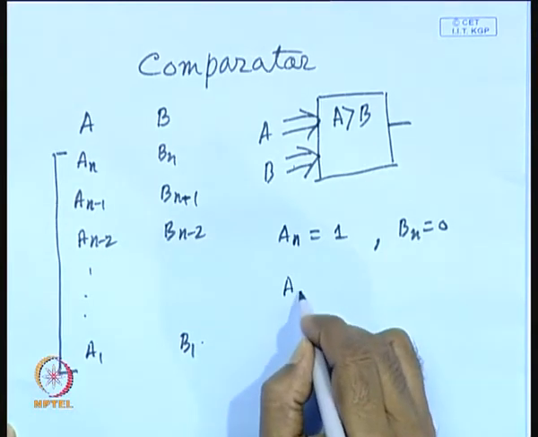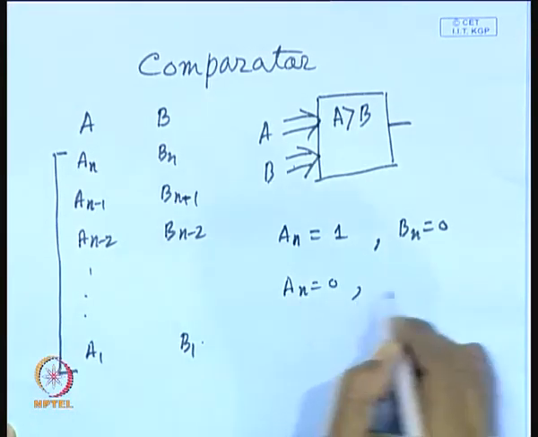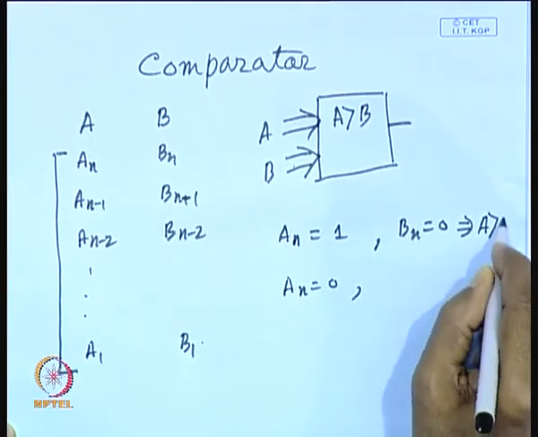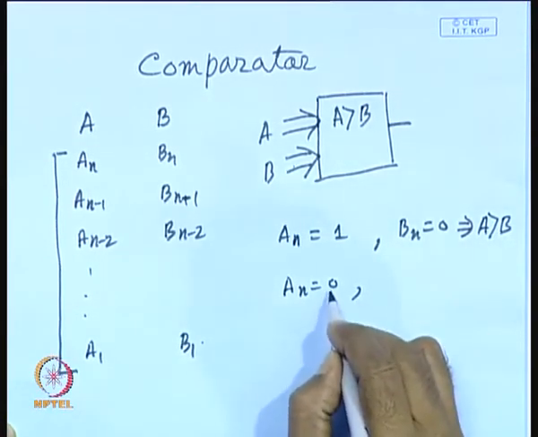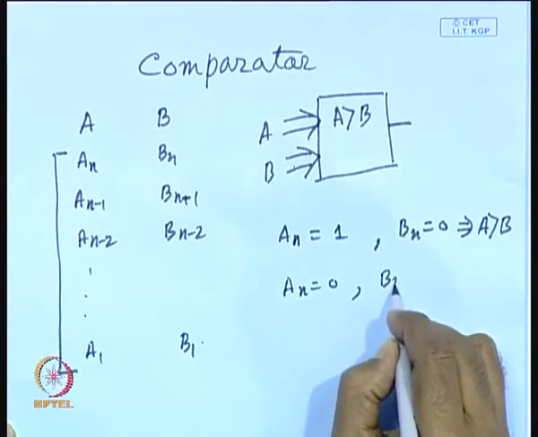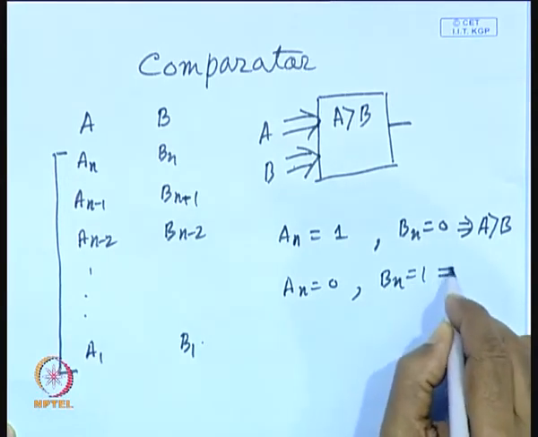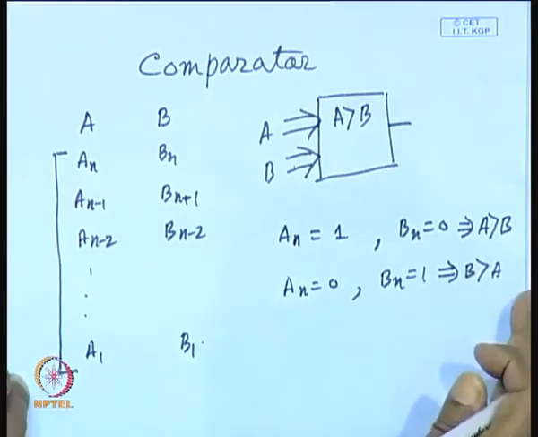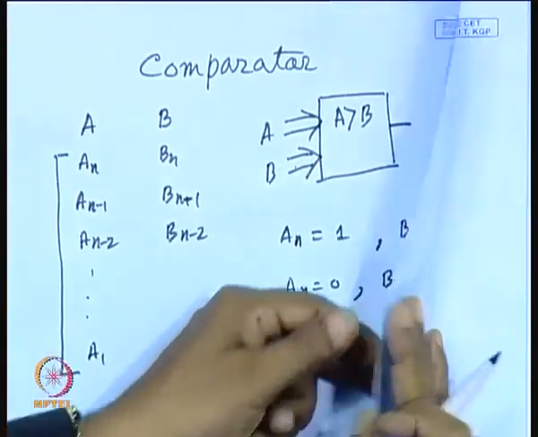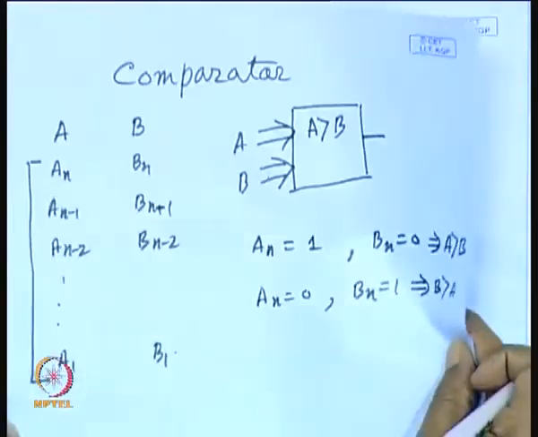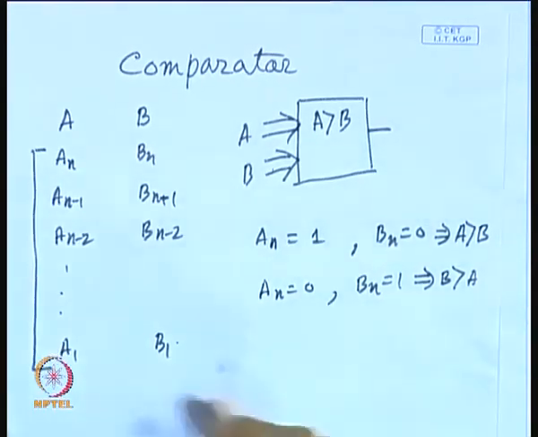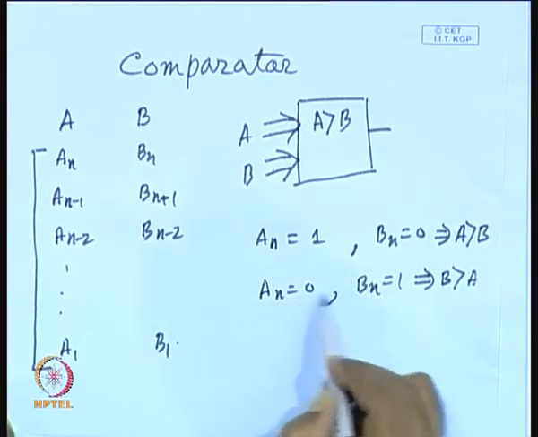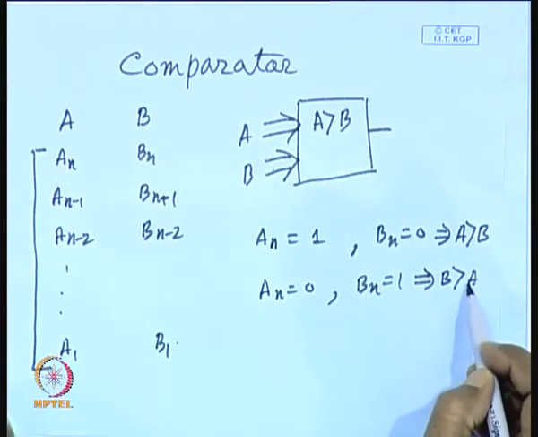Similarly, when a n is equal to 0 and b n is equal to 1, that implies b is greater than a. So, you can see these two conditions can be found out without looking at the remaining bits. These most significant bits are sufficient to find out the conditions.